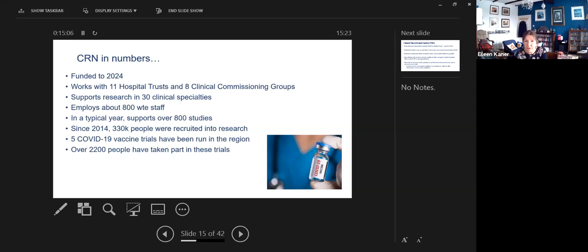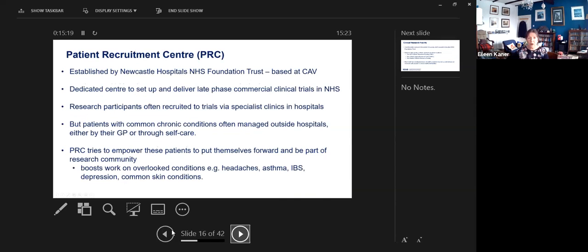Our LCRN has been very much at the forefront of that. Over the last year, 2,200 people have been recruited into vaccine trials in this region alone.